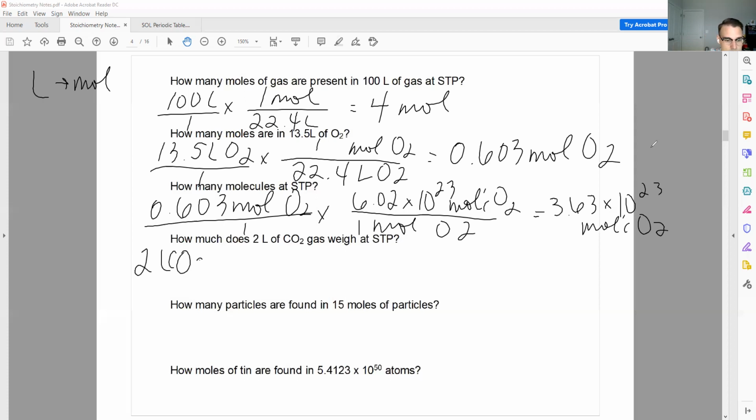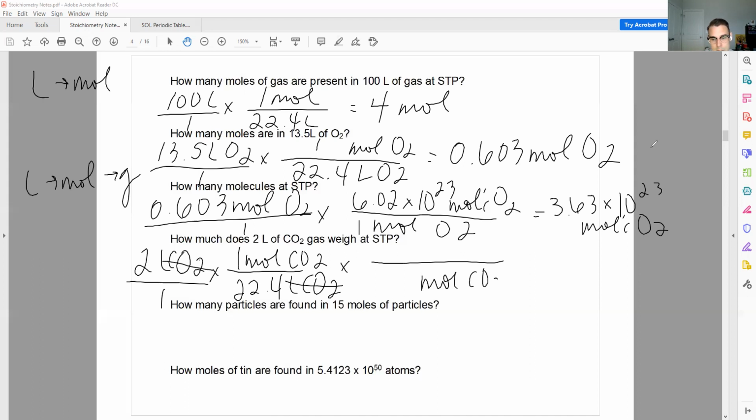So 2 liters of CO2. How much does it weigh? Now I'm going to go to grams. So we can go from liters to moles. Remember, we always have to go to the mole first, then to grams. So 1 mole of CO2, 22.4 liters of CO2. The liters cancel.